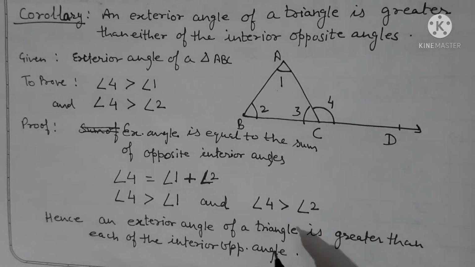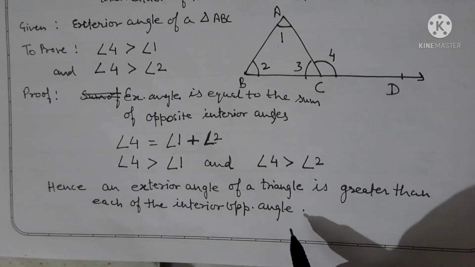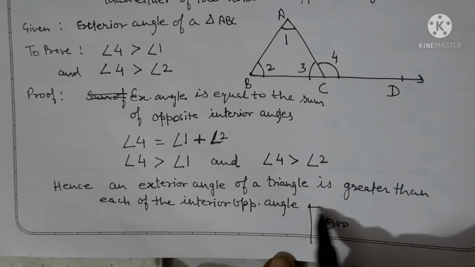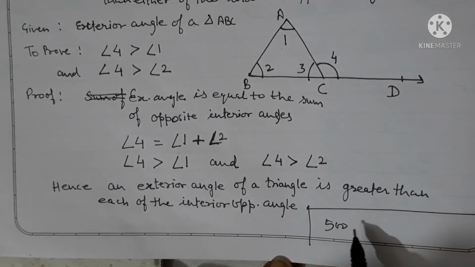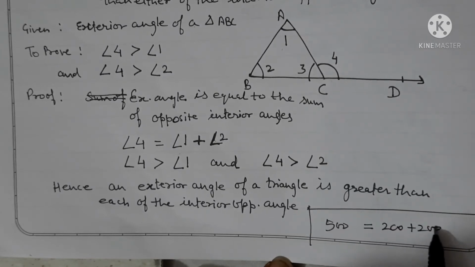Now this you can understand easily with an example. Suppose you are having a 500 rupee note and you can write it 200 plus 200 plus 100.